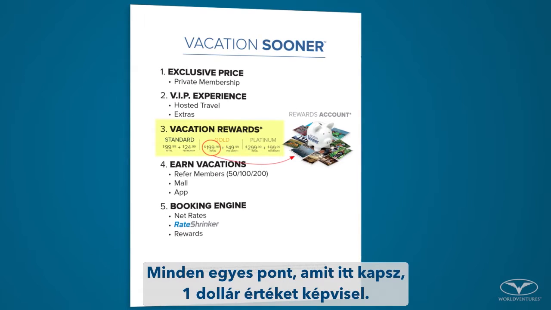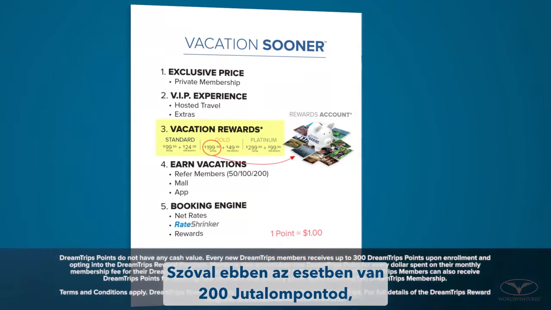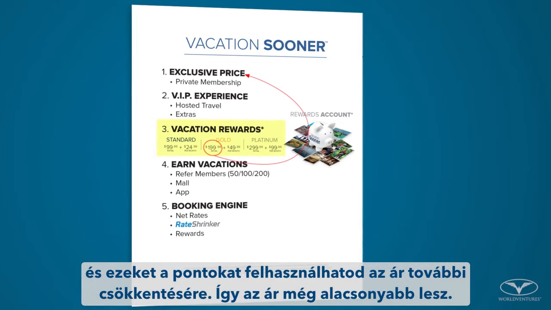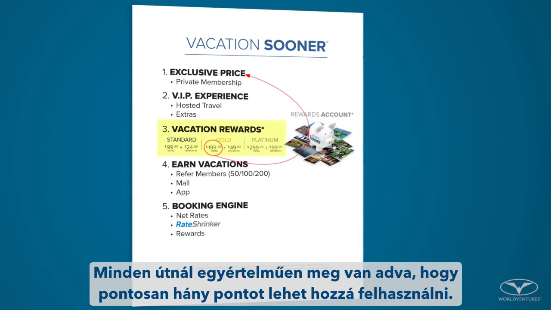That rewards account, what it does is that 1 point and $1 are the same. So now you have 200 reward points in here. Those reward points can be reapplied back towards the price, which now lowers the price even more. Each trip has specific reward points that could be used on them.